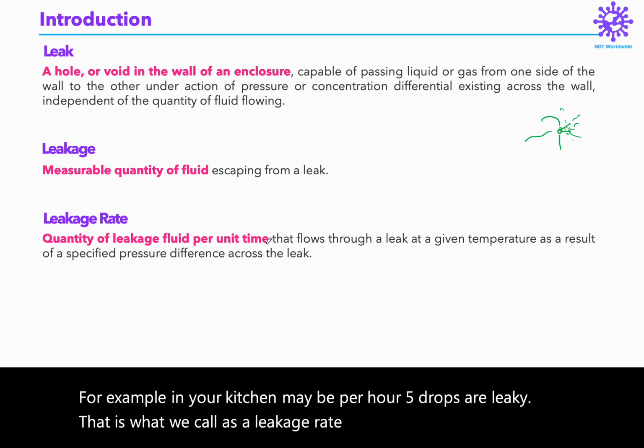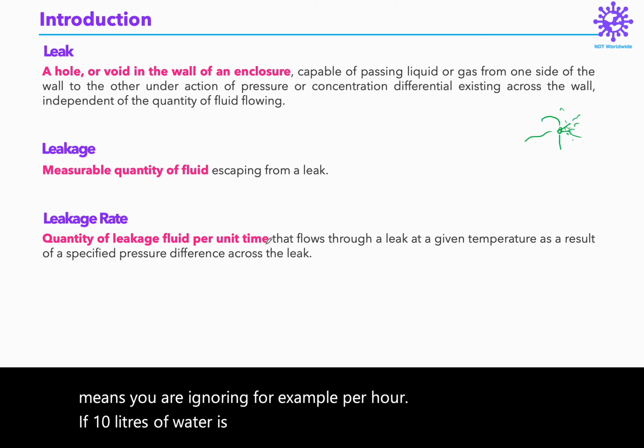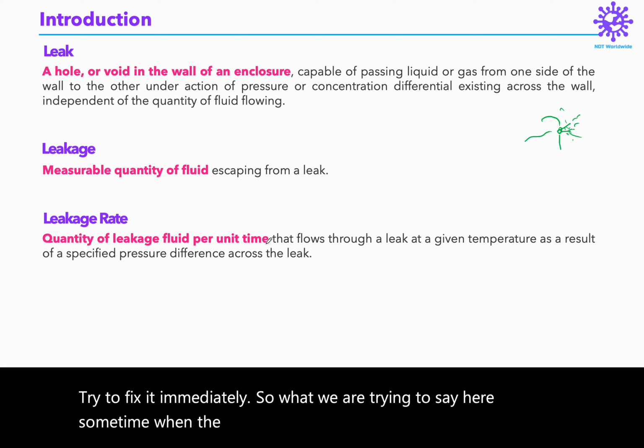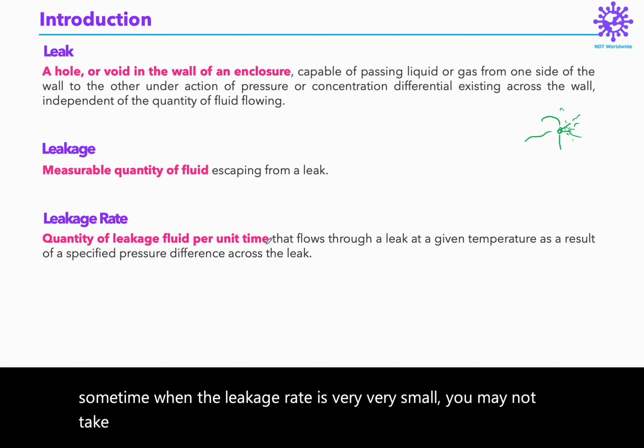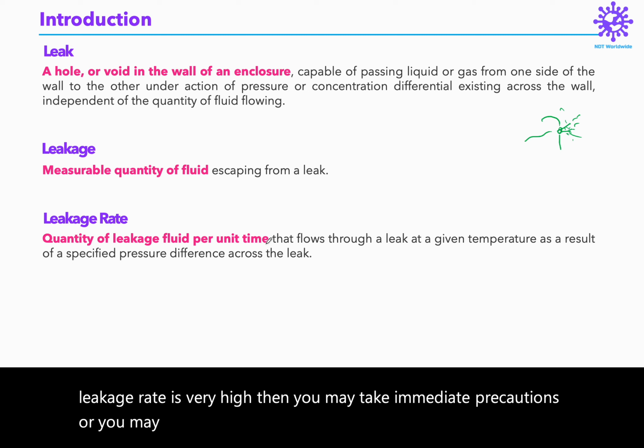If it is 5 drops per hour you will ignore it. But if 10 liters of water per hour is leaking, then we will try to fix it immediately. So what we are trying to say here is, when the leakage rate is very small, you may not take any preventive measures, or you may monitor it. But if the leakage rate is very high, then you may take immediate precautions, or you may go for immediate shutdowns also.